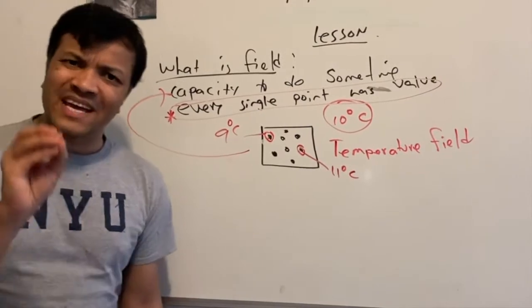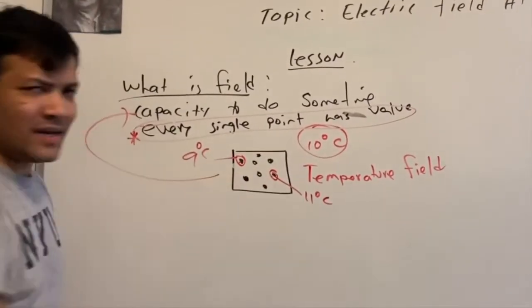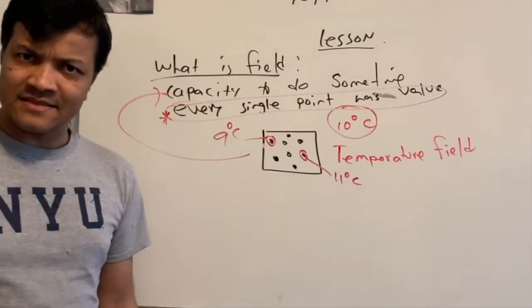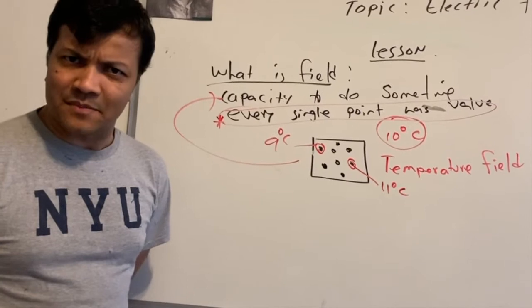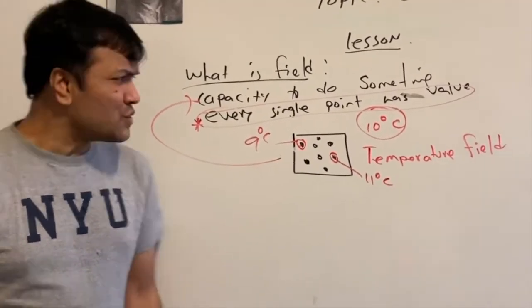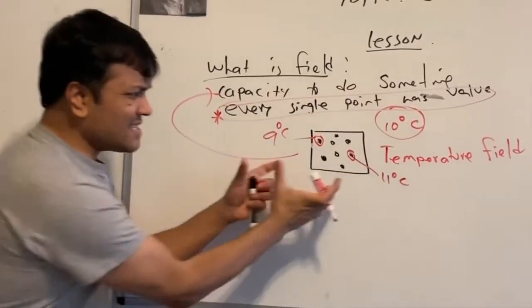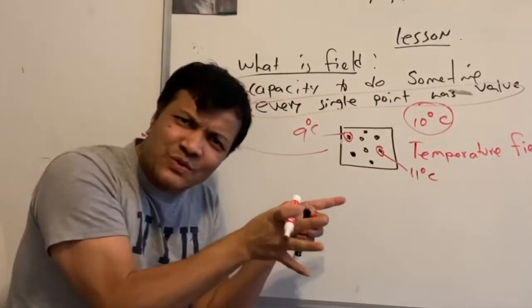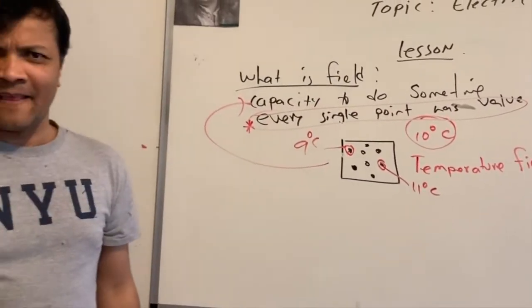But if you bring ice from the kitchen and put it very close to the heater, what do you observe? The ice will probably melt. So the temperature field has a capacity to do something if you place something that it interacts with.